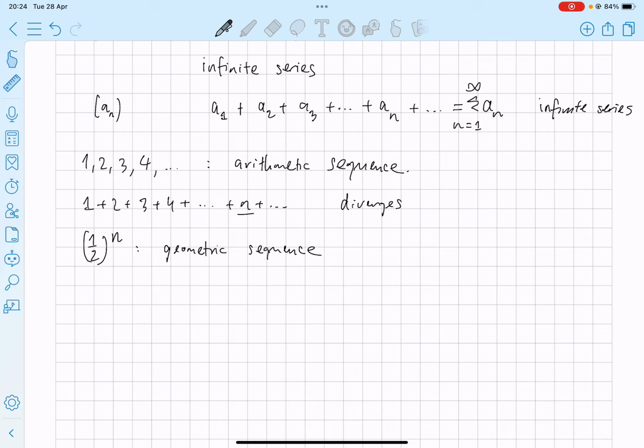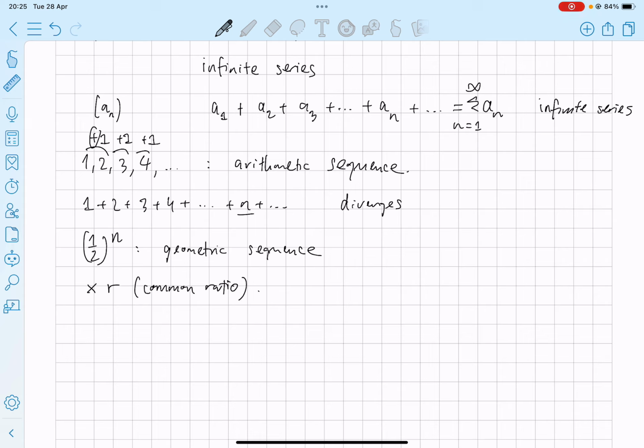So why do we call it a geometric sequence? Because it's the opposite of the arithmetic sequence. In the arithmetic sequence, the difference between consecutive terms is one unit, so it's plus something between two consecutive terms. Geometric is kind of the opposite, because the next term is multiplied by some number that we call the common ratio.